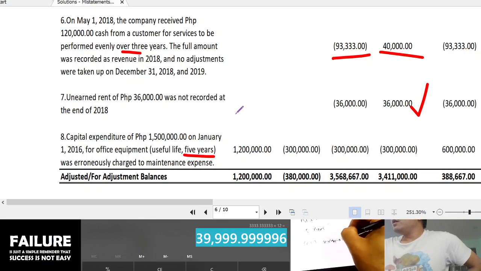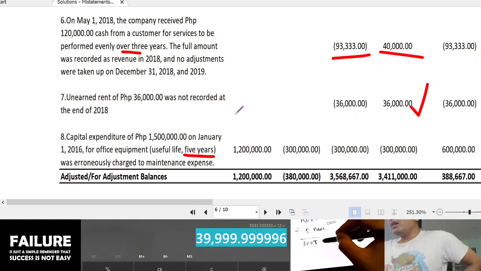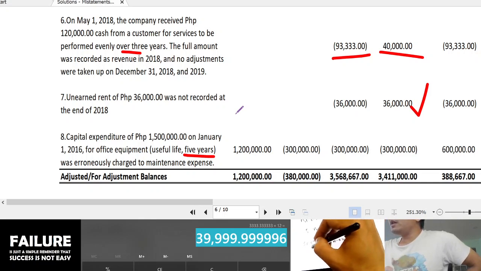Di ba? So, ano yung effect ng error na to? Because nga, expense na siya, hindi ito na-recognize. So, this basically understates your expense. So, overall, in 2016, we have a net overstatement of expense amounting to 1,500,000 minus 300,000.